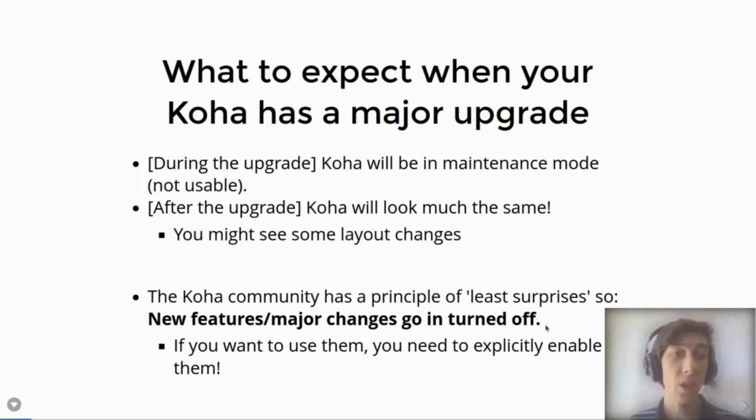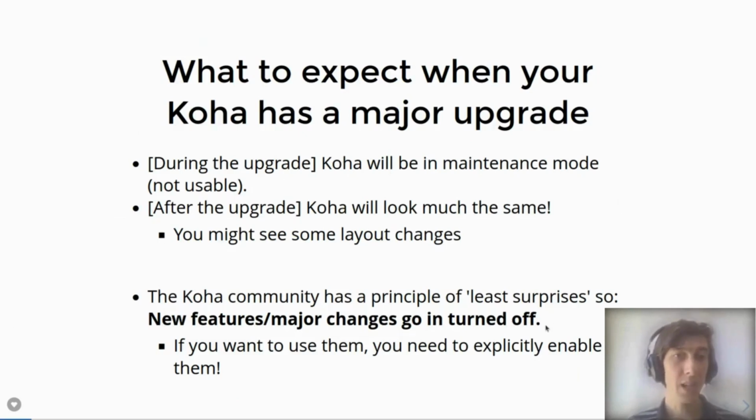The reason for this, and this is really important to note with major Koha upgrades, is the Koha community has a principle of least surprises, meaning most new features or big changes come turned off by default. So in order to actually use many of the new features that I'll be talking about today, you have to explicitly enable them after you upgrade.